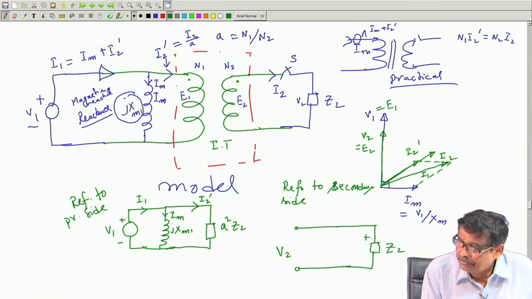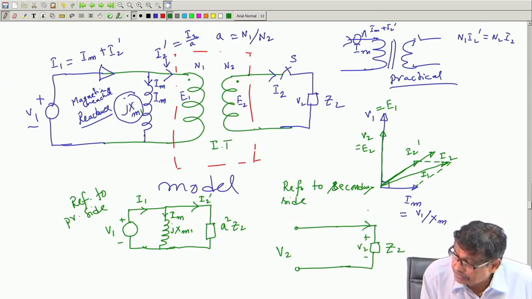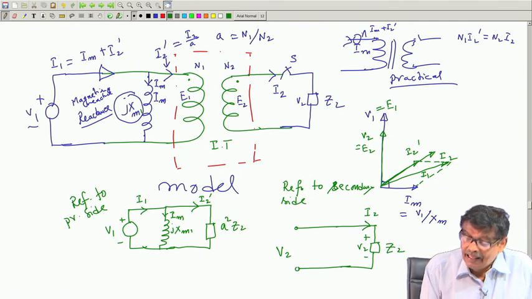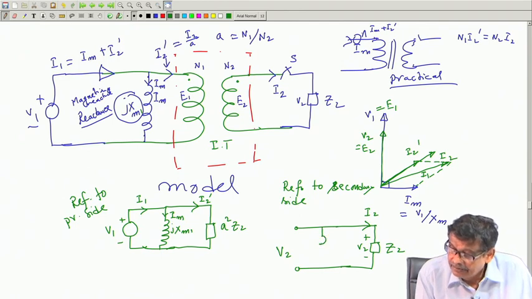This voltage is V 2, this current is I 2, I will show it. And this fellow, the transfer of impedance from this to that side will be X m 1 dashed.